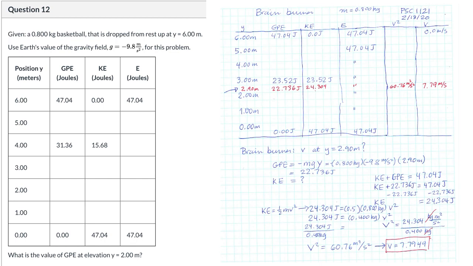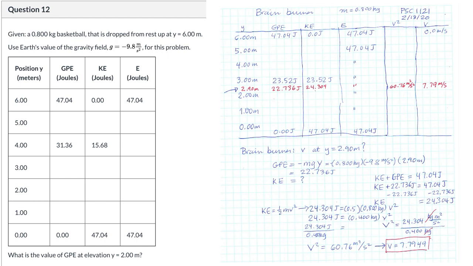And then this is the total mechanical energy. So column 2 and column 3 always add up to this one, if you can figure it out. Now, I give you the potential energy here, what is it, 47.04 joules? Correct? And kinetic energy is 0.0 joules. Now, what that means is that it's at rest.